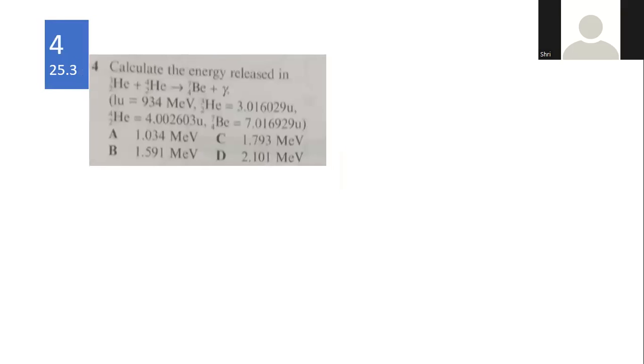Okay, number 4, calculate the energy released in the reaction helium to form beryllium and gamma ray. Mass defect, calculate lah. You add the 3/2 He and 4/2 He, and then minus the right side one.